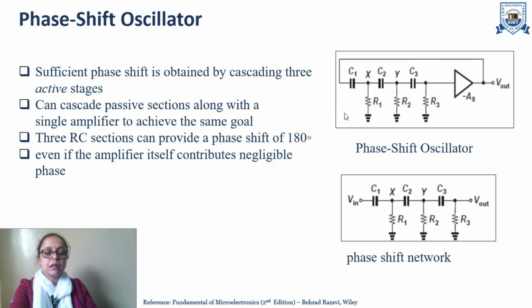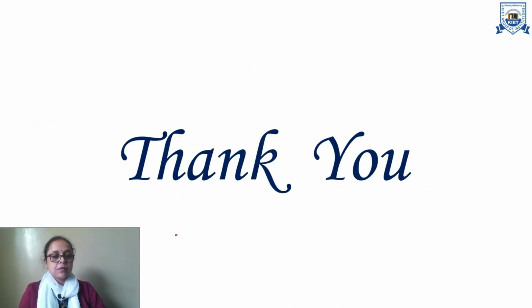To calculate the oscillation frequency, the phase of A beta, the loop gain, should be 180 degrees, and the loop gain should be set to 1. Using these two conditions, we have analyzed both the oscillator circuits. In this video lecture, we have studied the Wien-Bridge oscillator and phase shift oscillator, their oscillation criteria, and the frequency of oscillation has been analyzed. Thank you.